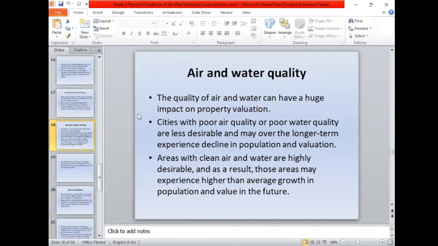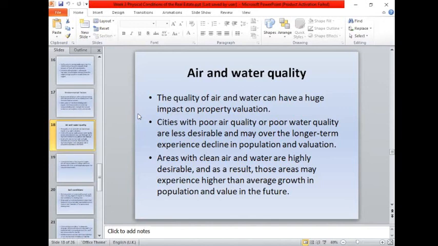So take note that cities with a lot of pollution, it might affect the valuation of the properties. But areas with clean air and water are highly desirable, just like rural areas, a rural area with development, but not too much. Of course, there's progress.